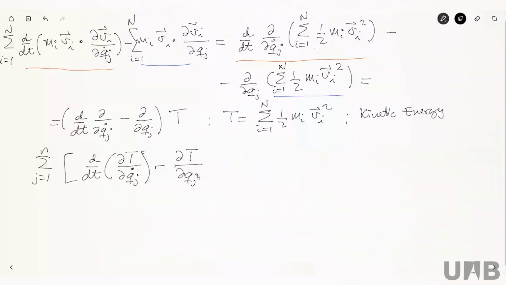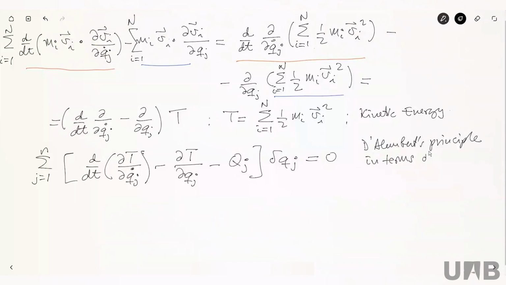And then let me bring on this side the term with the generalized forces, and this is all multiplied by delta q_j equals 0, because I'm writing the right-hand side on the left-hand side, so the whole thing equals 0 now. So this is the form of D'Alembert's principle, D'Alembert's principle in terms of the generalized coordinates and generalized forces.